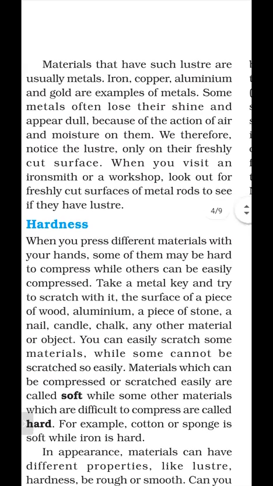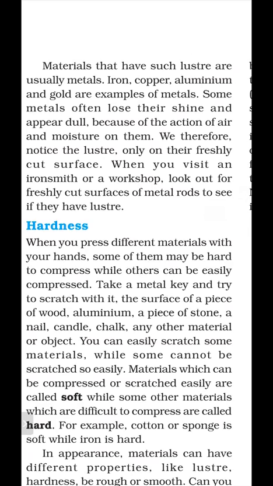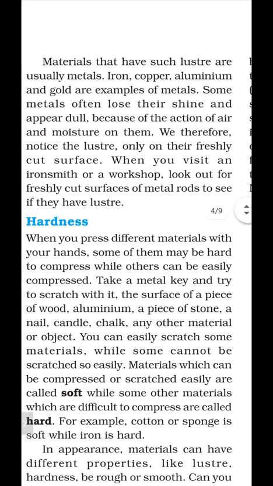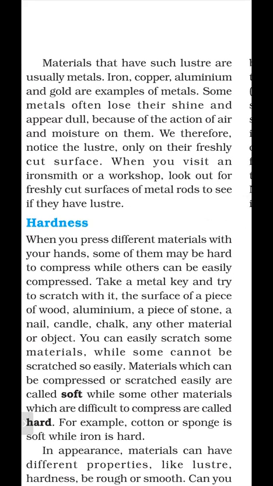Some metals are lustrous, but sometimes some metals lose their shine. How do they lose their shine? When they are exposed to air and moisture, the metal loses its shine and becomes dull.